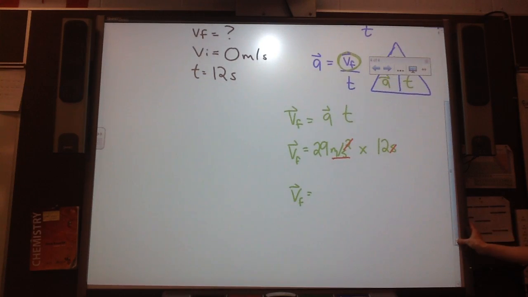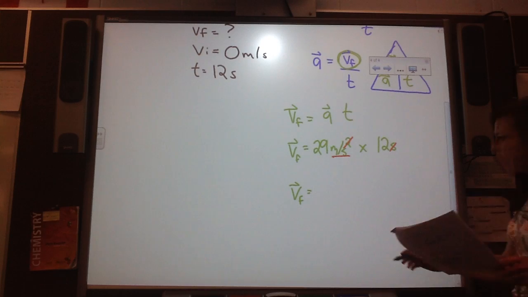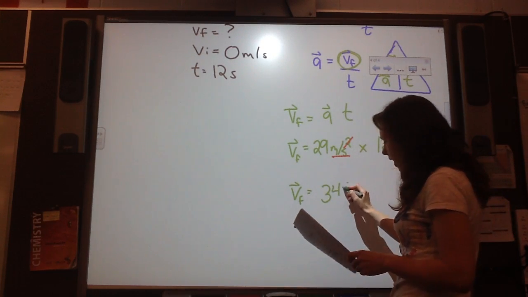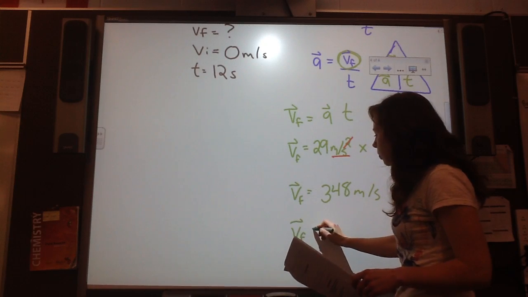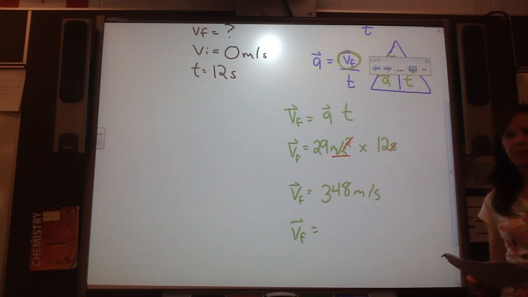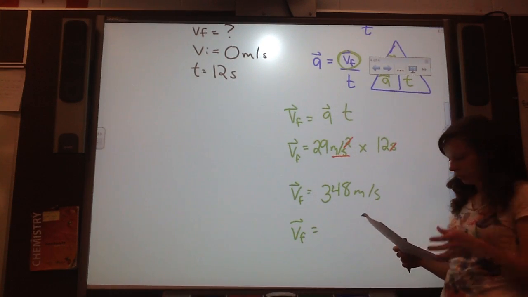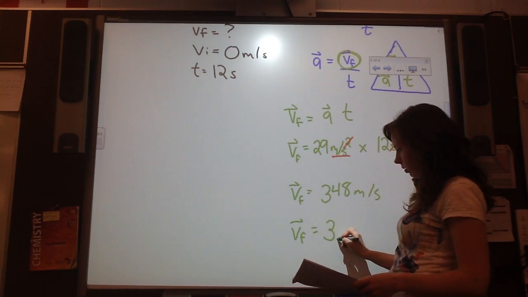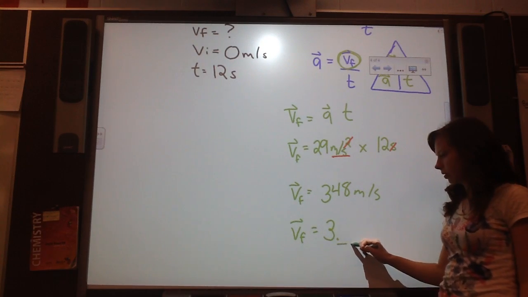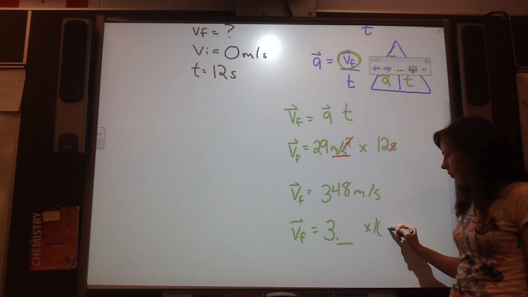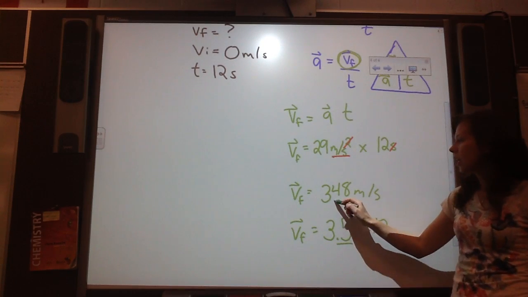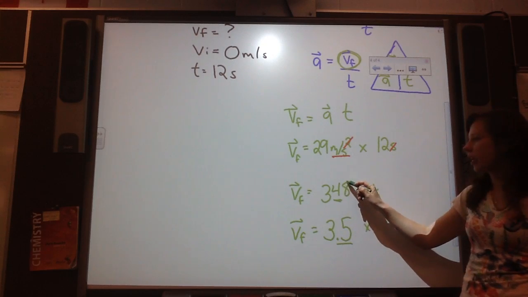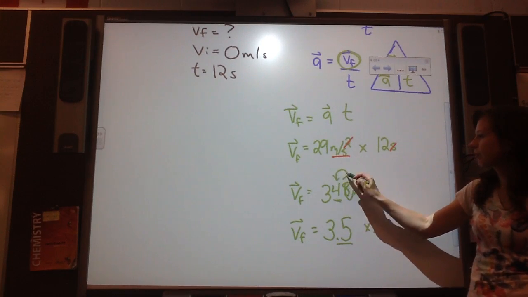Okay, so our answer, 348 meters per second. But we need this in sig digs. We're only allowed 2 digits. So 3.5, because you look at the last digit and you have to round up.